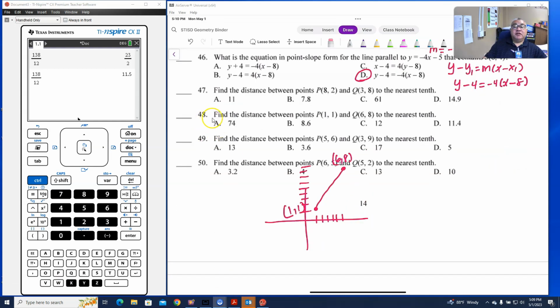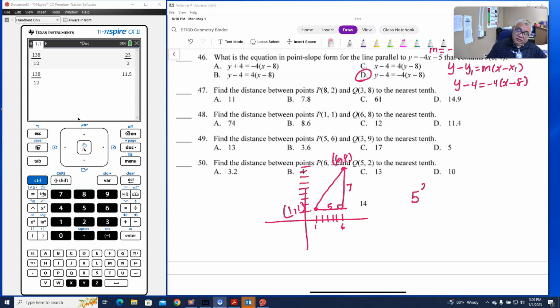So 48 says to find the distance between 1, 1 and 6, 8. So what I'm going to do is I'm going to make a right triangle. If this is 1 and this is 6, then this is 5. If this is 1 and this is 8, then this is 7.